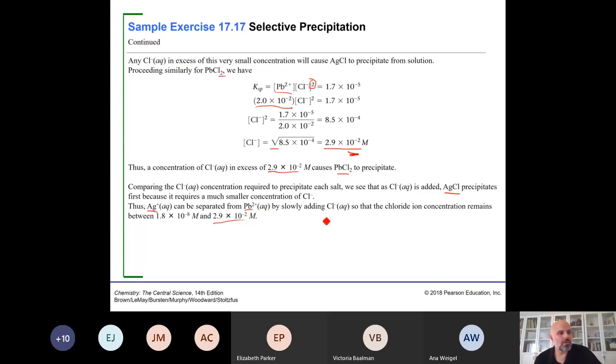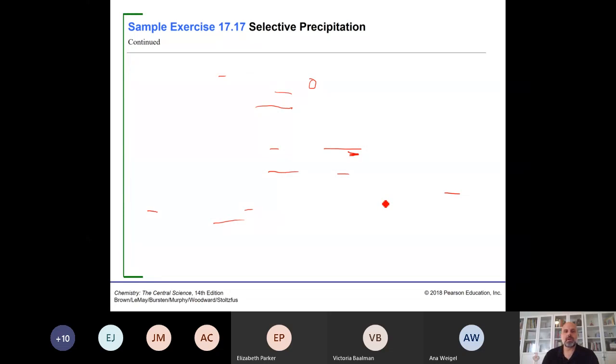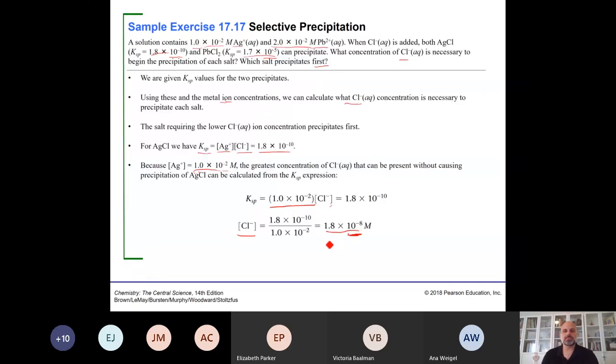So for this one, you're asking, the chloride ion concentration has to be greater than 1.8 times 10 to the minus 8 to start having some silver ions precipitate from solution, right?